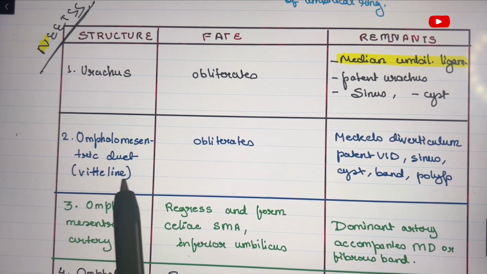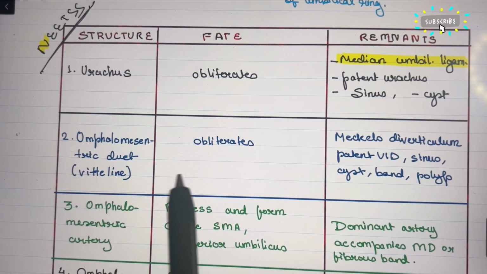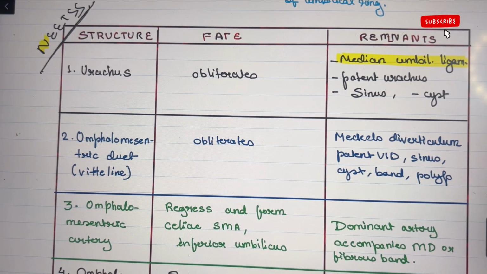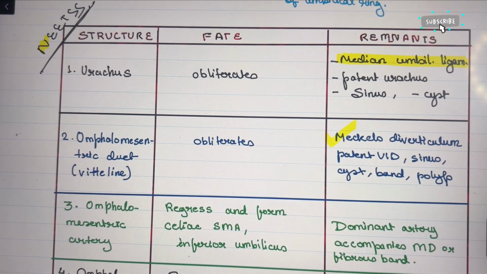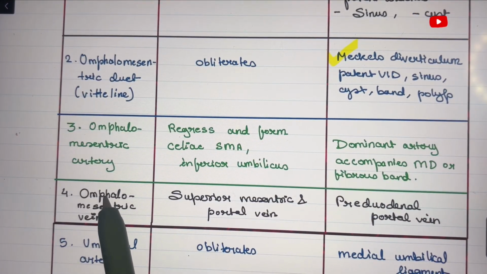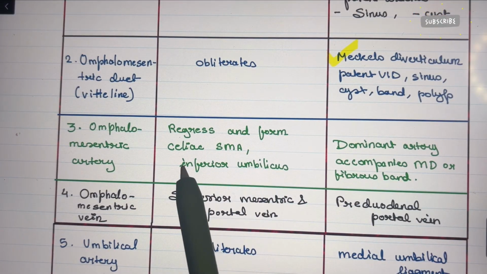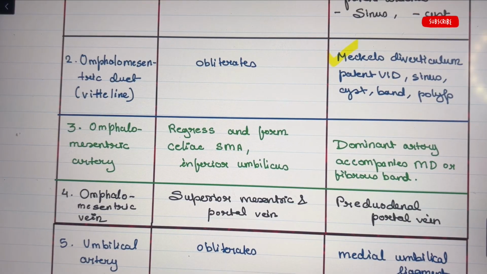Now we have the omphalomesenteric duct, that is vitellointestinal duct. Omphalomesenteric duct generally obliterates. If it doesn't obliterate, then it can form Meckel's diverticulum or patent vitellointestinal duct or sinus, cyst, band or polyp. So Meckel's diverticulum is a derivative of omphalomesenteric duct. Now we have the omphalomesenteric artery, which regresses and forms the celiac artery, superior mesenteric artery and inferior mesenteric artery.